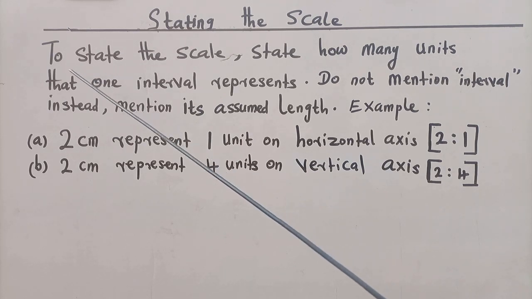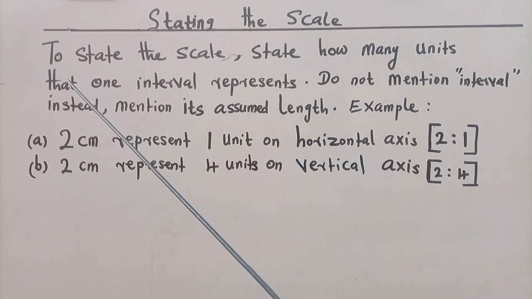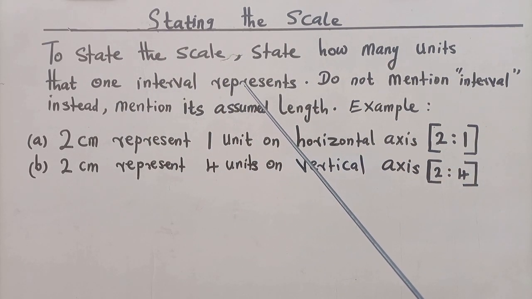It says, to state the scale, state how many units that one interval represents. That is, how many units of the physical quantity being plotted on the axis, which one interval represents.